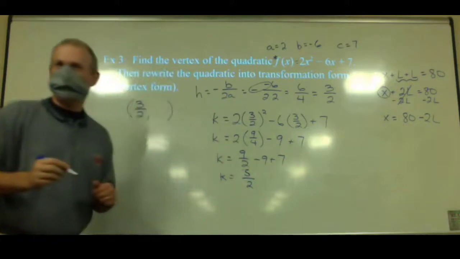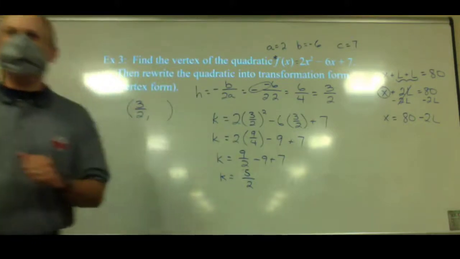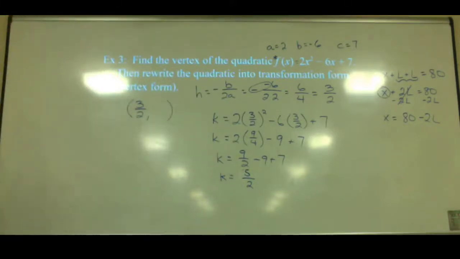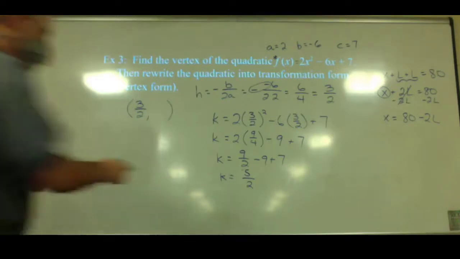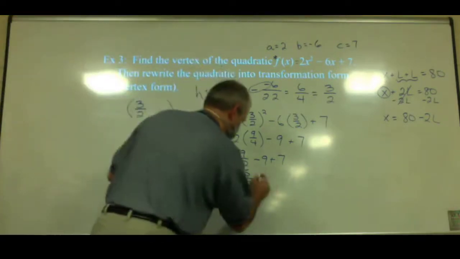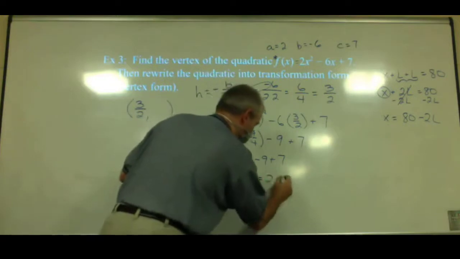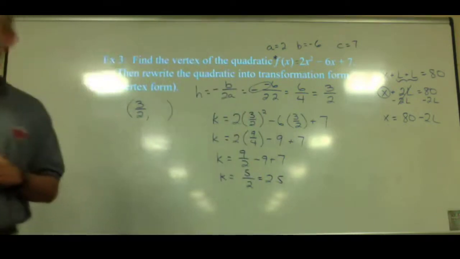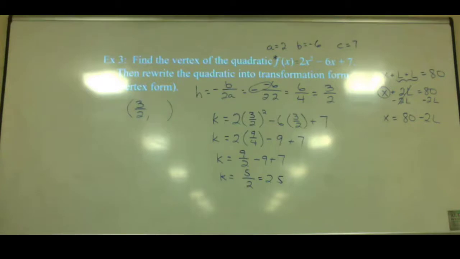Is that right? Come on, somebody help me out. I see a couple calculators. I know you can use them. Yeah, 2.5, I think, is what we've got there. Or 5/2, however you want to write that. Now I'll let you double check. Since now we've got some calculators out, we're going to be good.